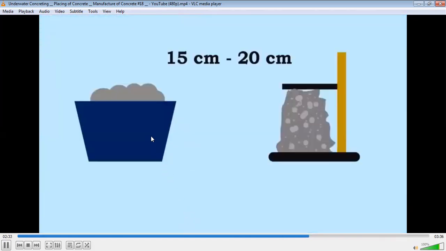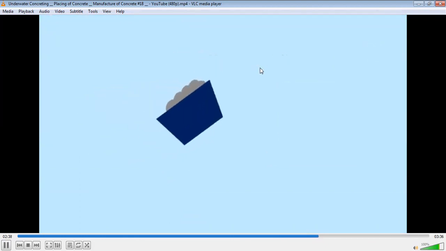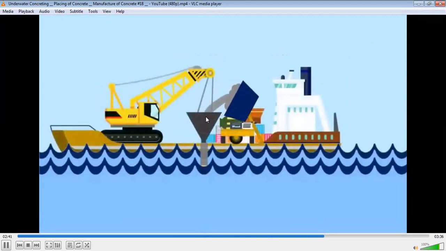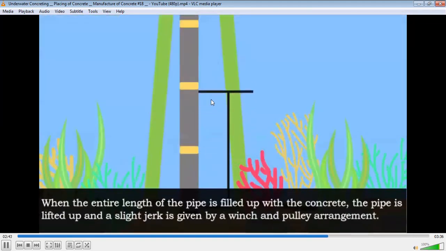The concrete with high slump values is used for underwater concrete, so the slump is between 15 and 20 centimeters. That concrete is filled in the funnel. When the entire length of the pipe is filled with concrete, the pipe is lifted up and a slight jerk is given by a winch or pulley arrangement.